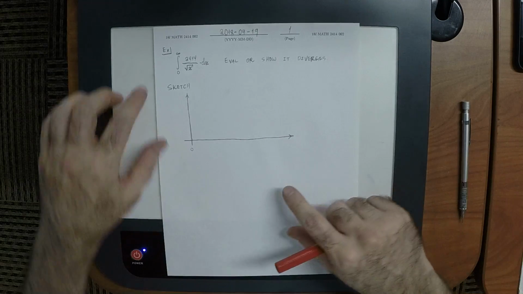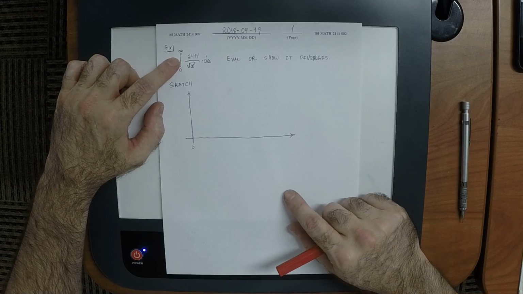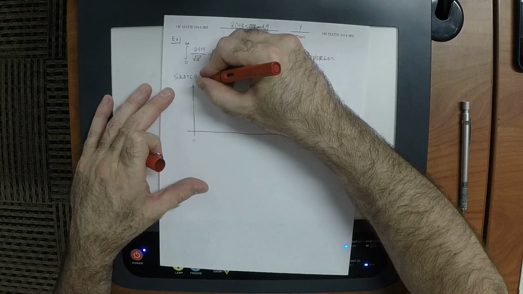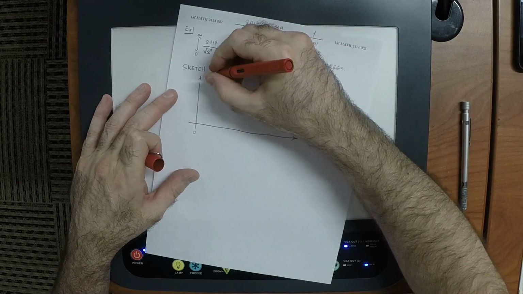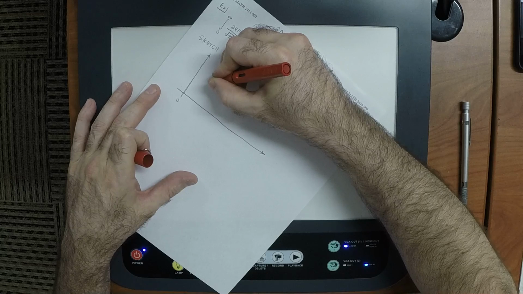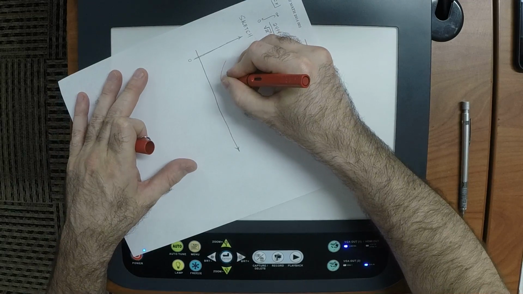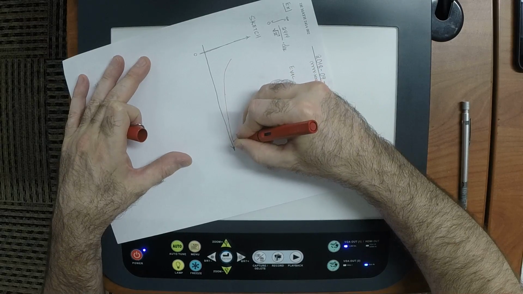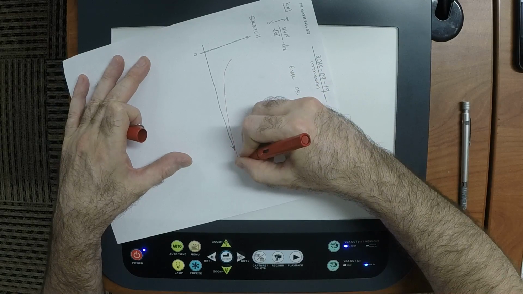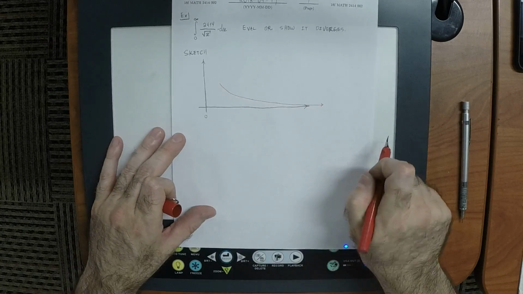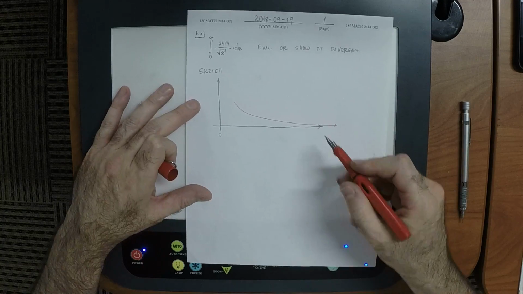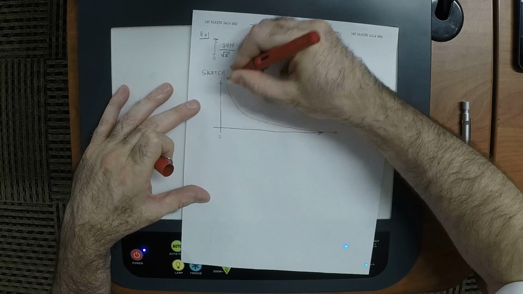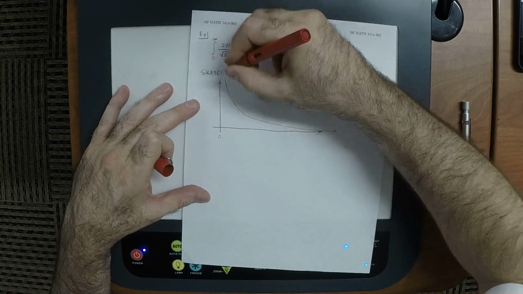So as a result, this region, what it represents, 2414 over square root of x, going this way, it's going to get closer and closer to 0. And going this way, it's going to get bigger and bigger.